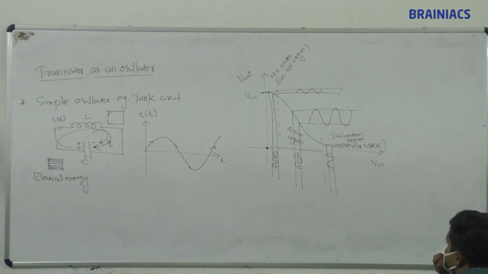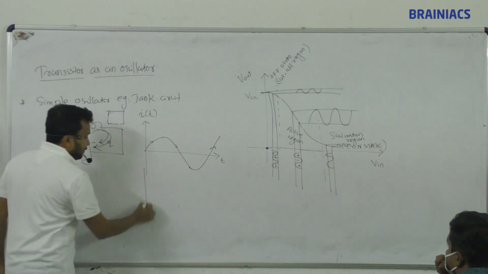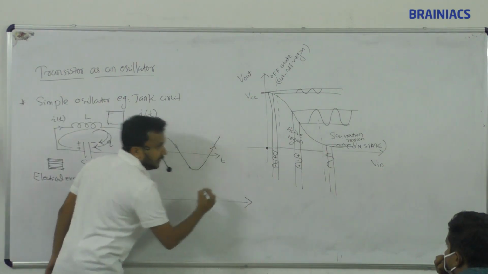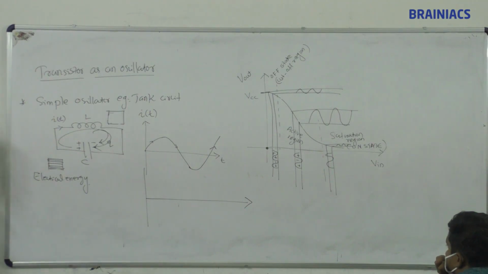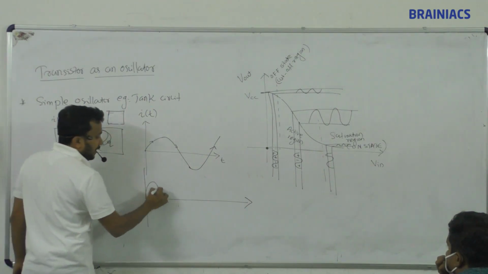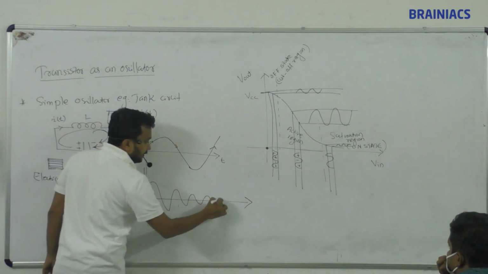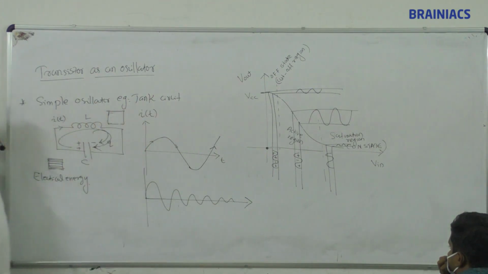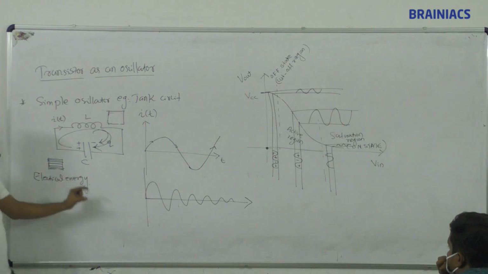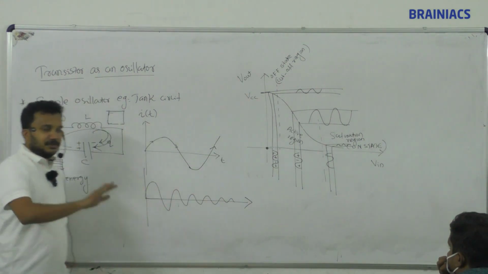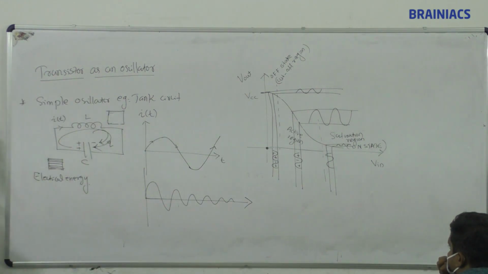This is called oscillation, a sine wave. But over time, the pulse becomes smaller like this. This is damped oscillation, meaning the amplitude dies out.